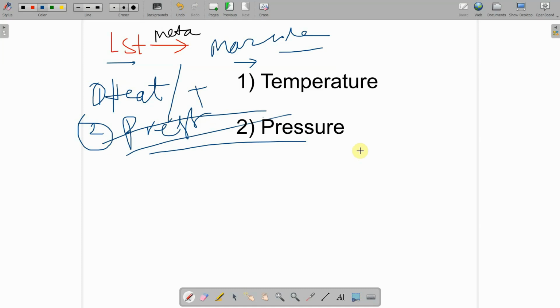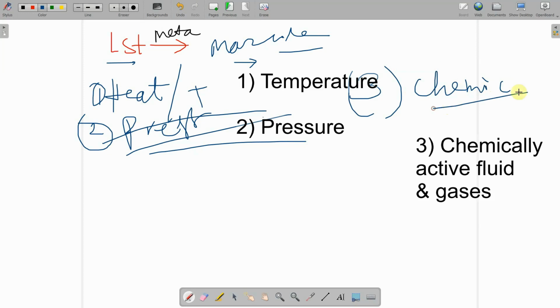Other than this, when you talk about chemical induced metamorphism, another agent may be there, that is the chemical agent. Now, heat within the earth: the temperature increases, you know that. Let's talk about heat.